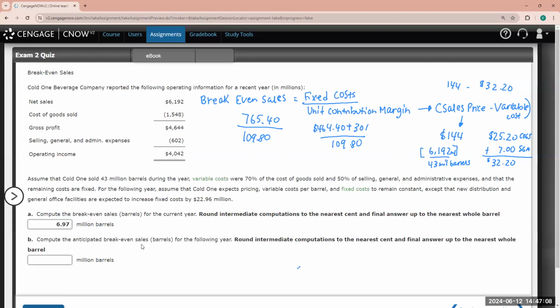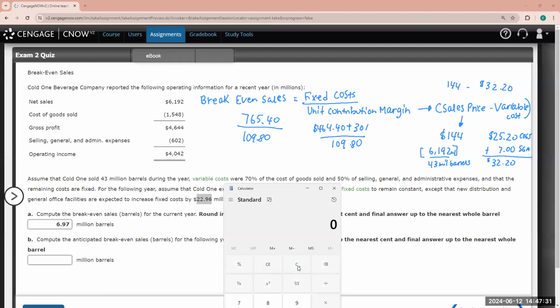And now this is assuming that in addition to our already known fixed cost of $765.40, they also expected to increase by 22.96 million. So based on this information, our numerator changes. It's our current fixed cost of $765.40 plus the expected increase of 22.96.